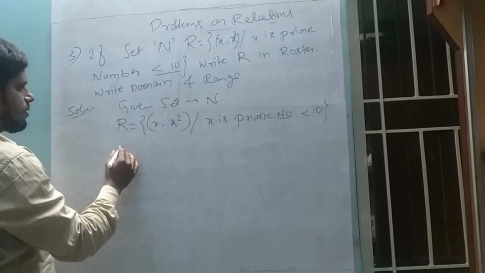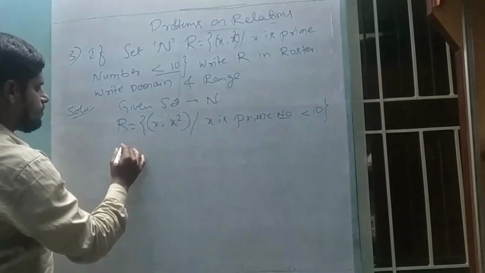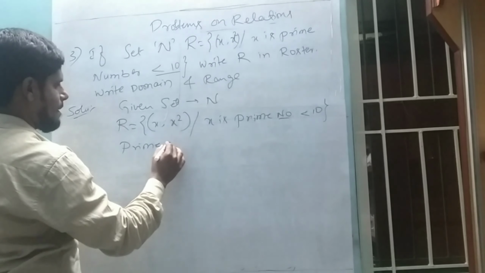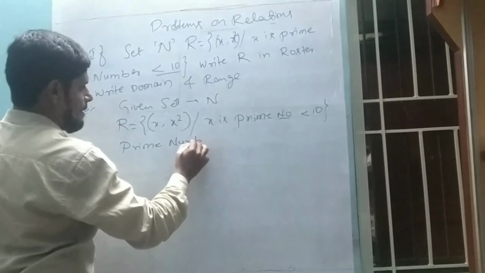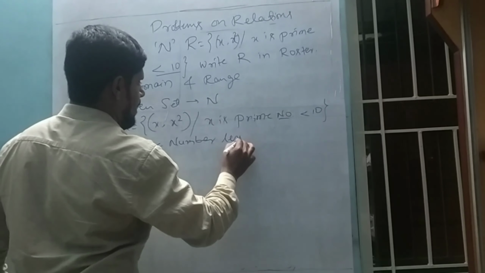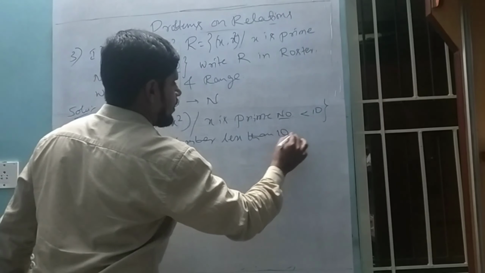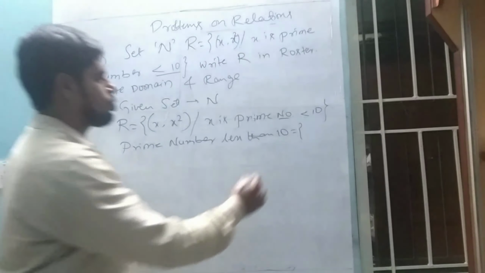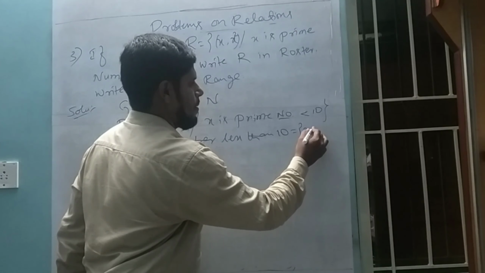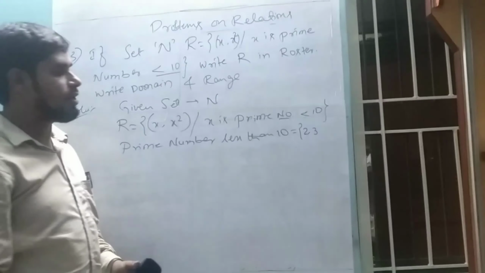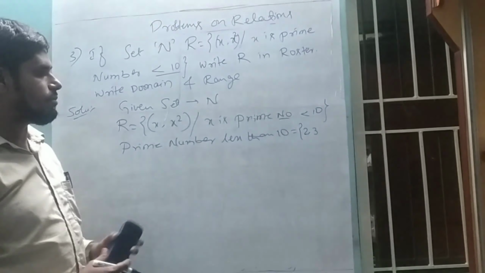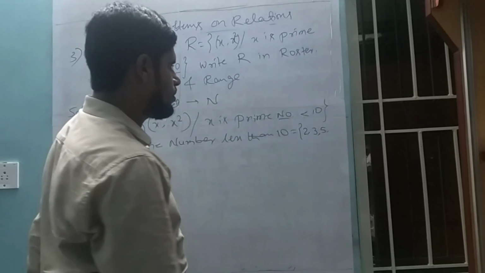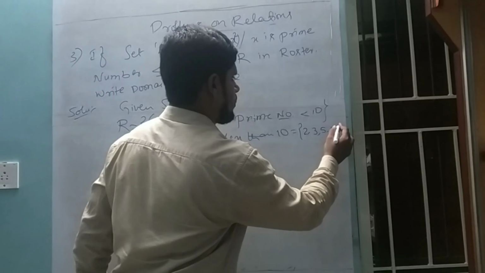First, less than 10, what are the prime numbers? Prime numbers less than 10 are 2. 1 cannot be a prime number, 1 is neither a prime number nor a composite number. 3, 5, 7.